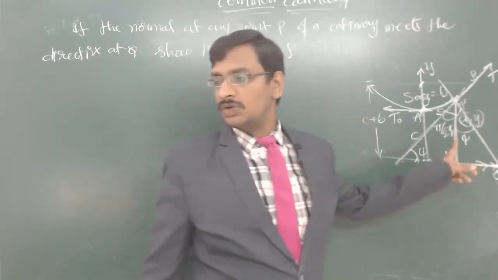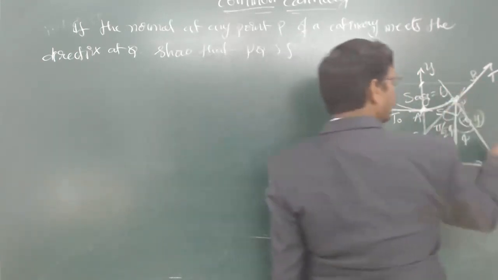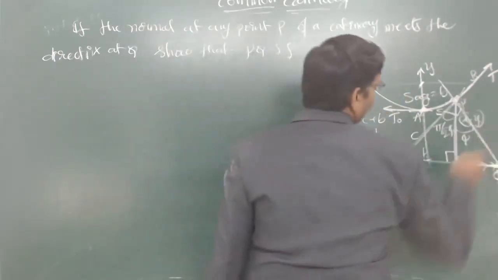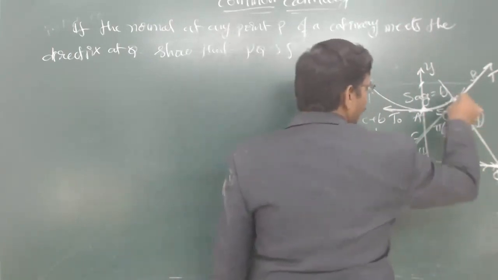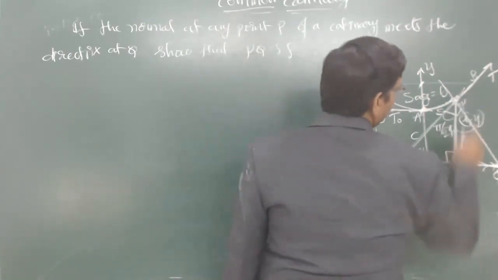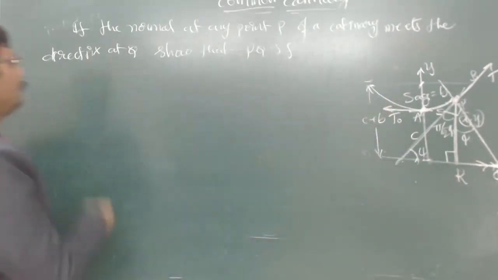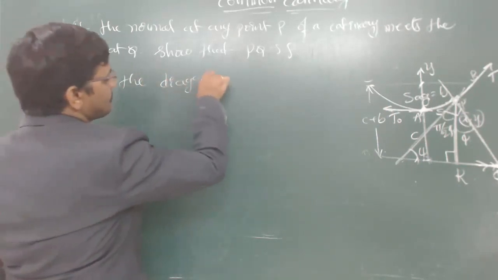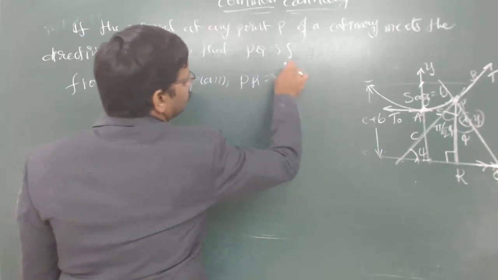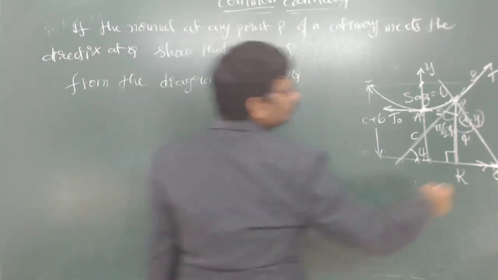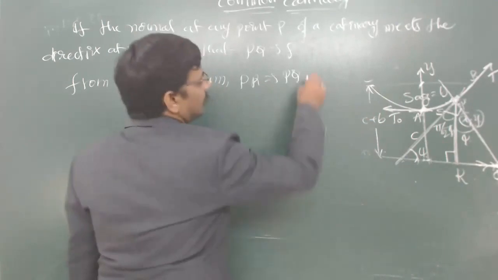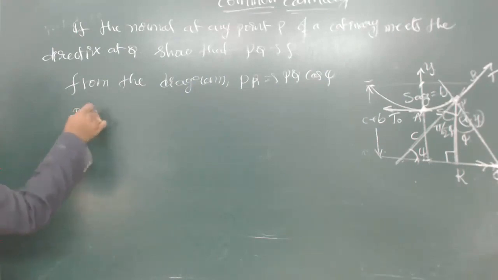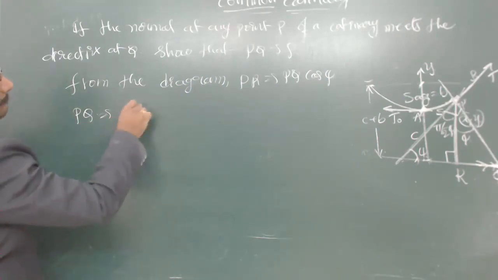So this angle is going to be psi, and you want the relation between PQ and the radius of curvature. If you want to find the height, this is P and this I call R. So from the diagram, PR is equal to PQ times cos psi, or PQ is equal to PR secant psi.